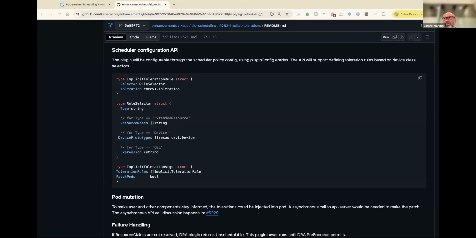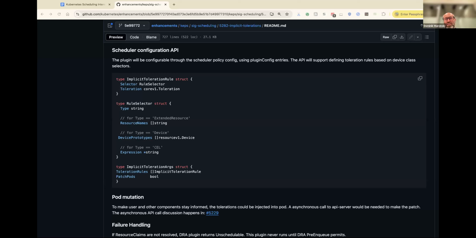I think the question is what use case we would need to support. If I understand correctly, the use case is providing toleration in case the user forgets to put it into the pod, later while they migrate into DRA. Yes, I think it's not a critical use case.